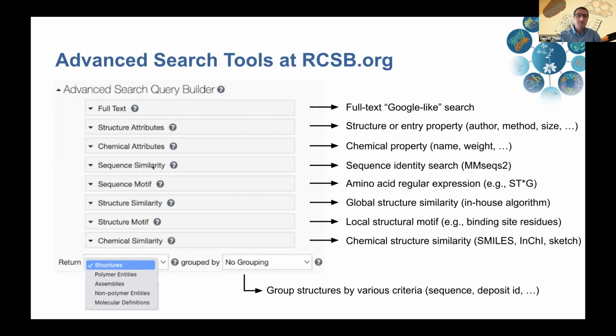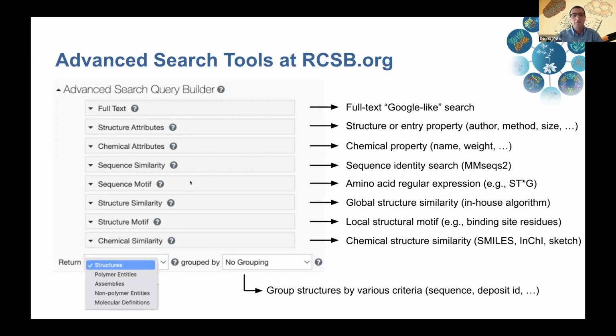Sequence similarity search, as the name implies, you can look for structures that have sequences that are of a certain identity threshold to an input sequence. So you provide an input sequence and specify what cutoff you want for how close the sequence will be, and it'll return all the structures that have a similar sequence. Most of you have probably used a BLAST search at some point, but we use the MMseqs2 algorithm.